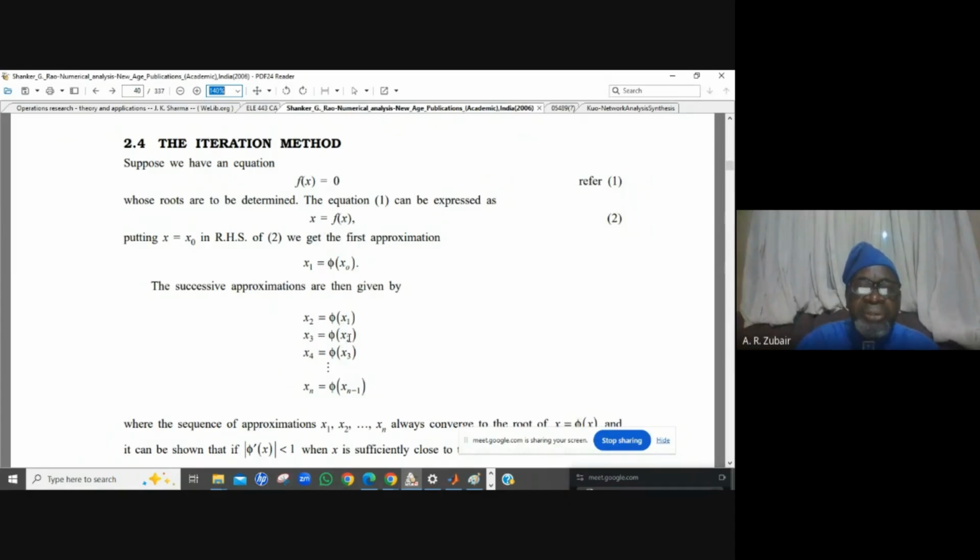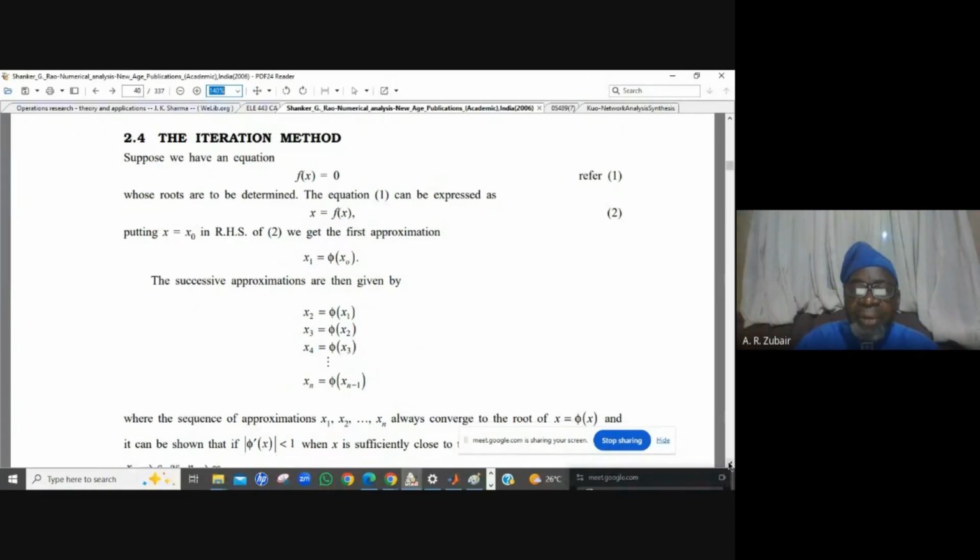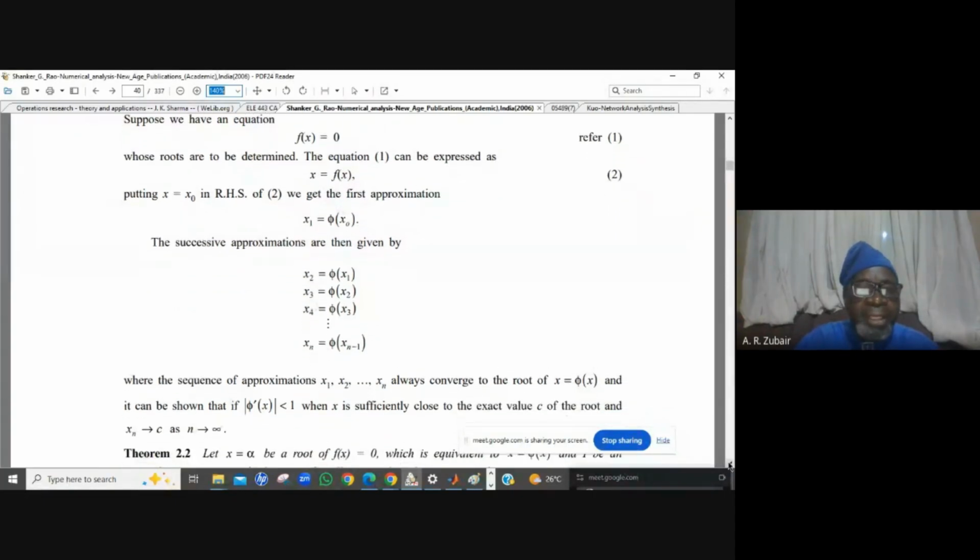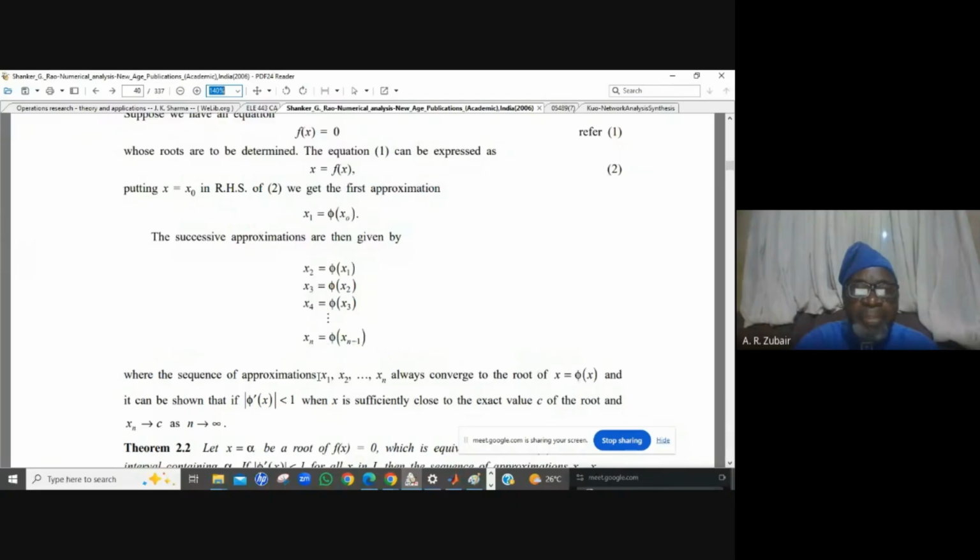Resubstitute x2, you get x3. Resubstitute x3, you get x4. As you continue like that, your x1, x2, x3, x4, up to xn will be approaching the exact root we are looking for. It's saying the sequence of approximations x1, x2, up to xn will converge to the root.